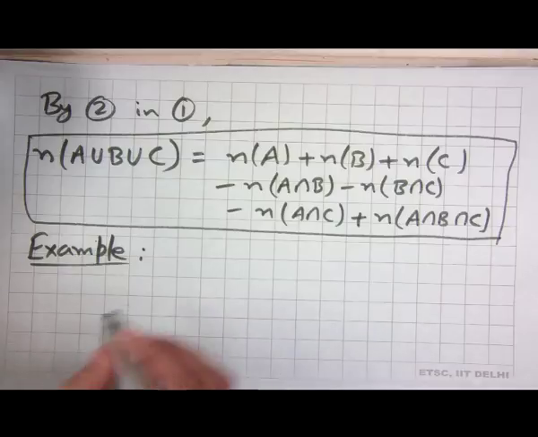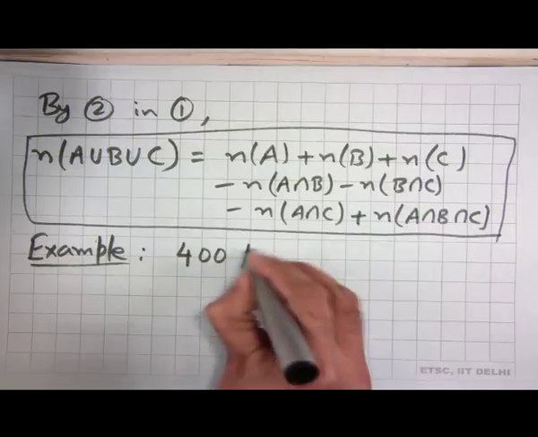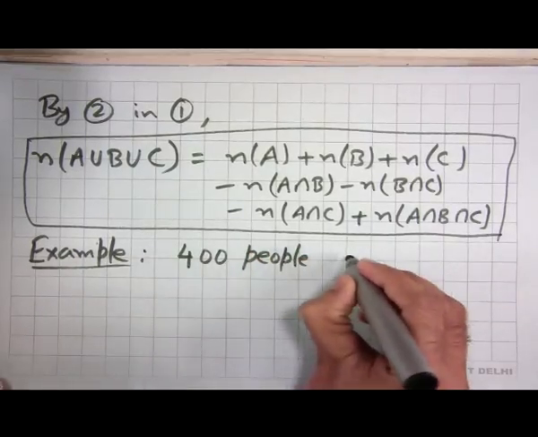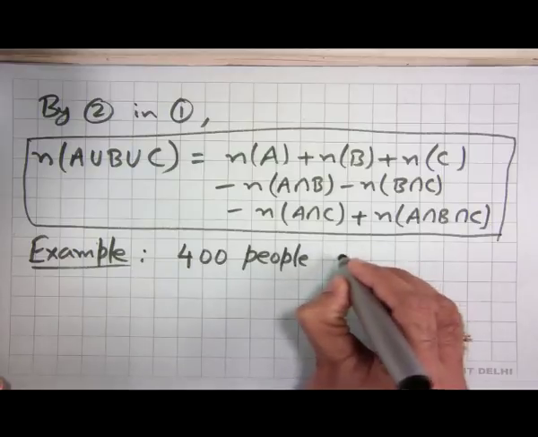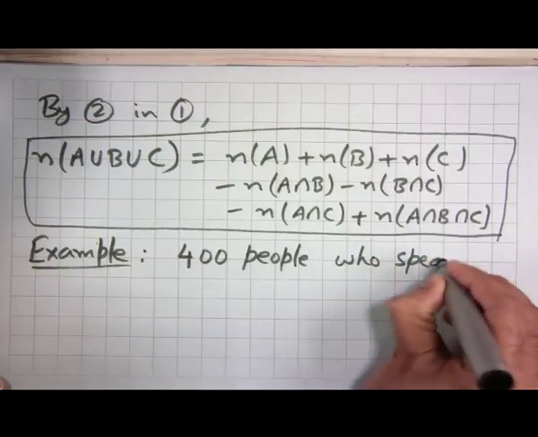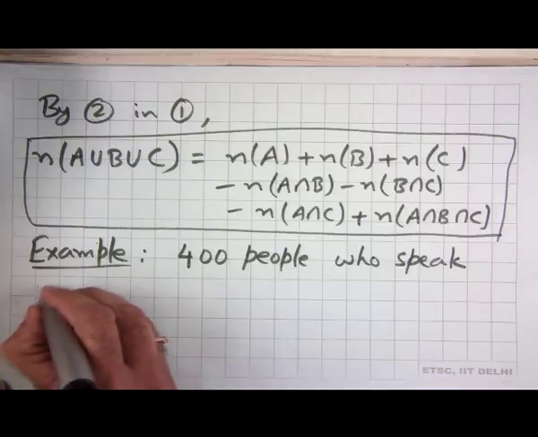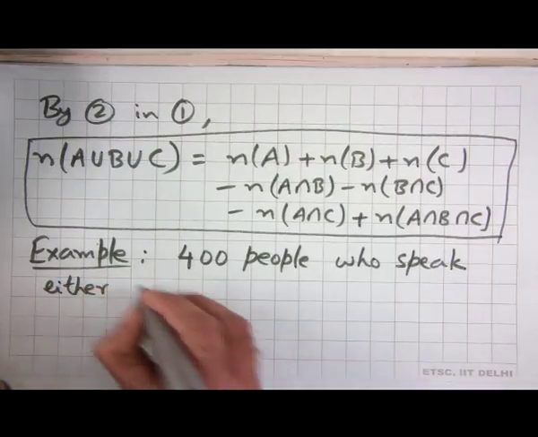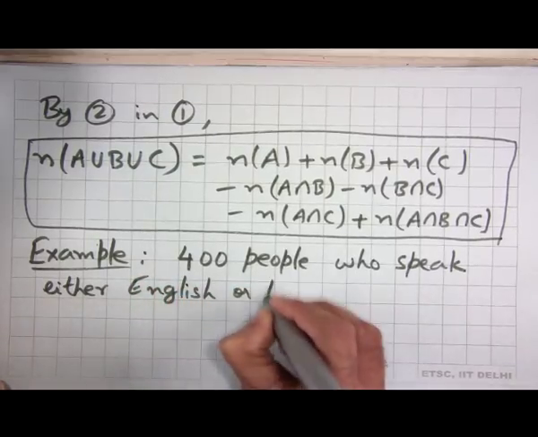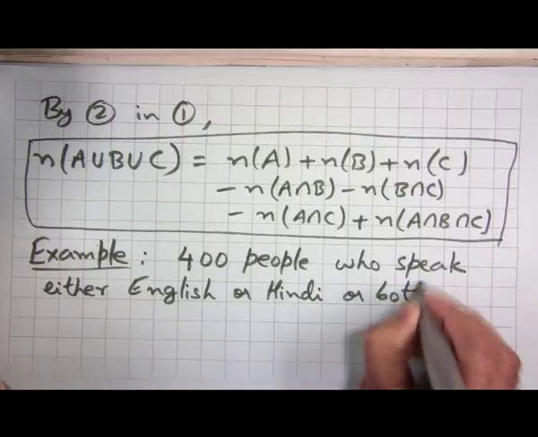So, suppose there are 400 people and they speak either English or Hindi, or there are some people who speak both.